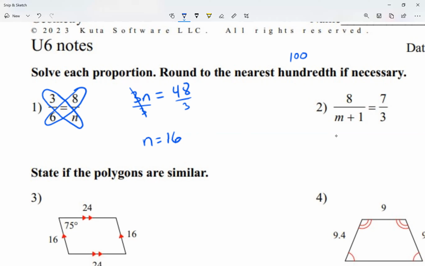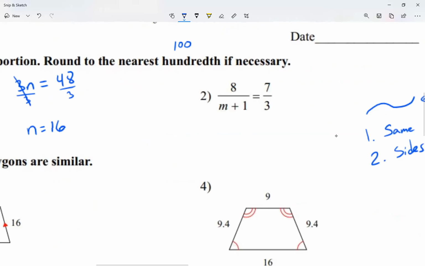Now let's take a look at question number 2. I'm going to cross multiply. Now, in this case, because there's a plus or minus, sometimes it's a minus, sometimes it's a plus sign. When there's a plus or minus, that 7, the number that is by itself, has to multiply to m, and it has to multiply to 1.